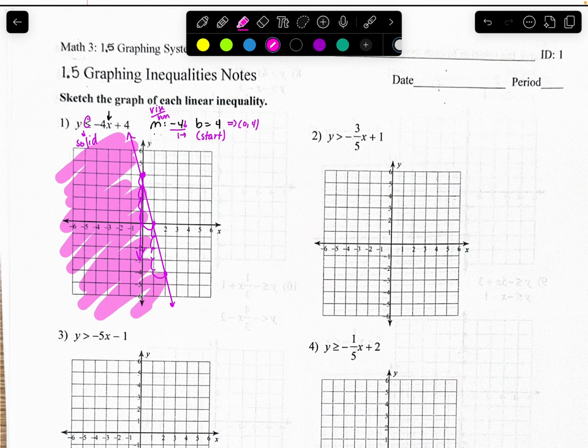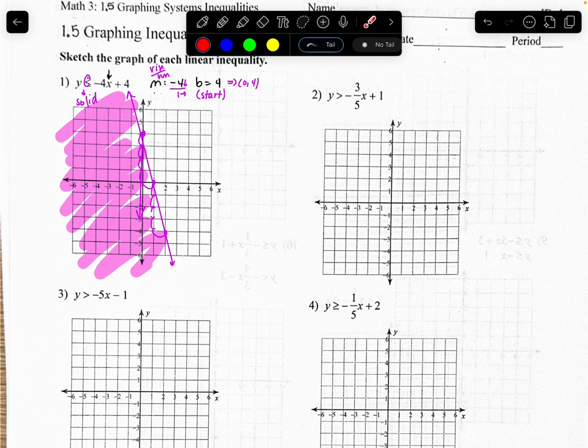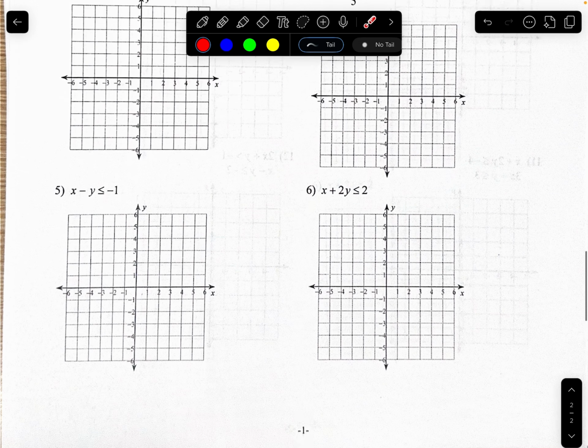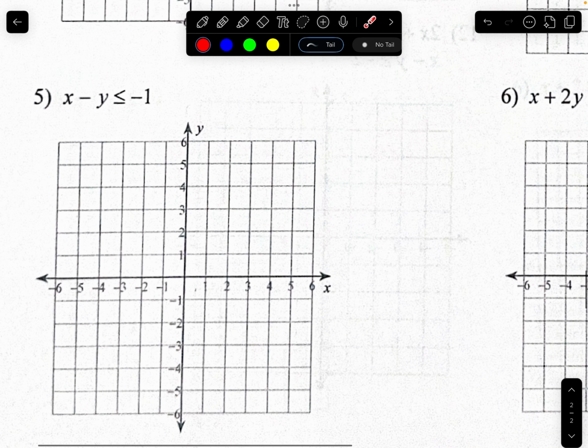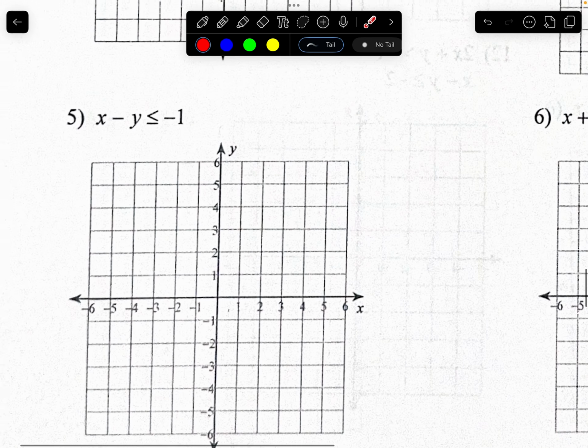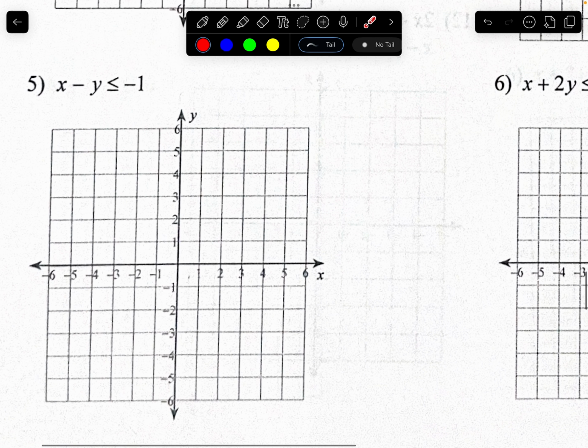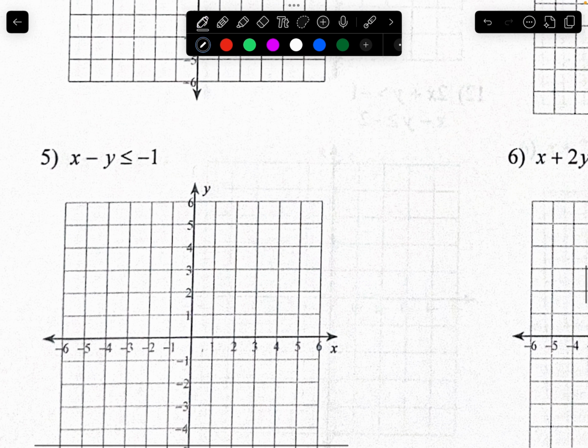Shade below it. Okay, if you don't know where below is, you look at your y-intercept and then just shade below it. Okay, similar thing on 1, 2, 3, 4. Now, number 5 is a little bit different. You do have to rewrite it.